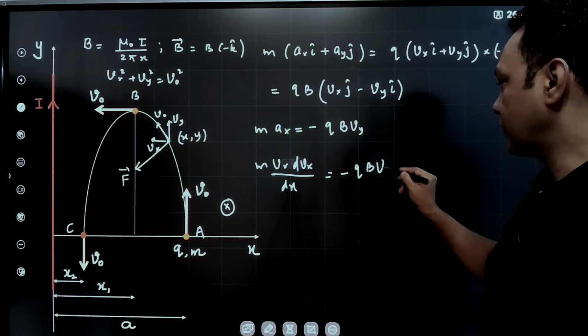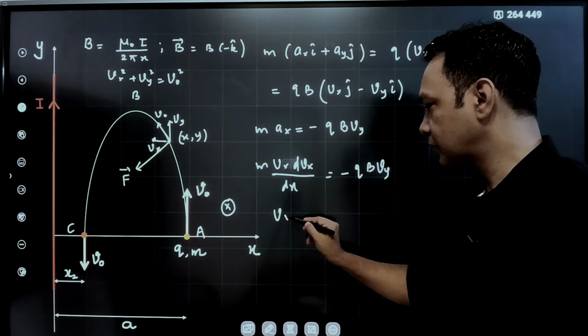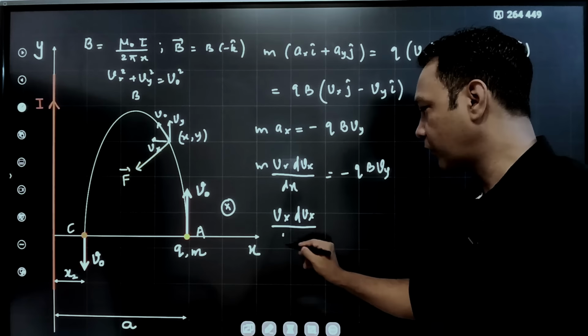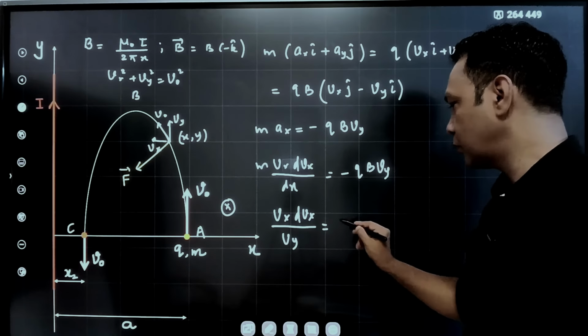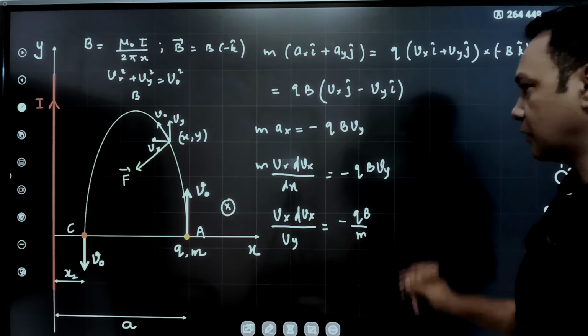Equal to qB Vy. So just rearrange the things. Vx dVx divided by Vy is equal to minus qB by m, and dx I'll take on this side.